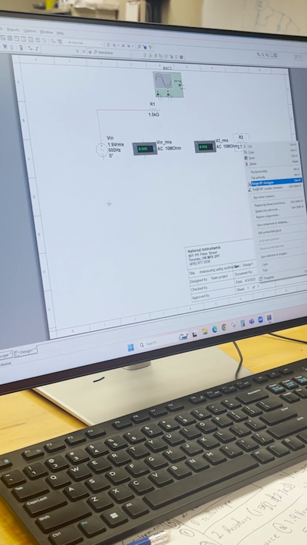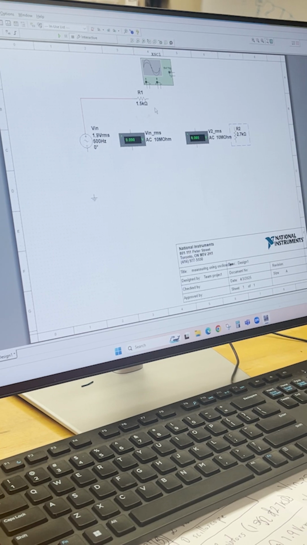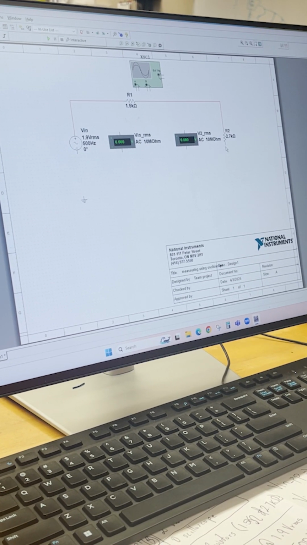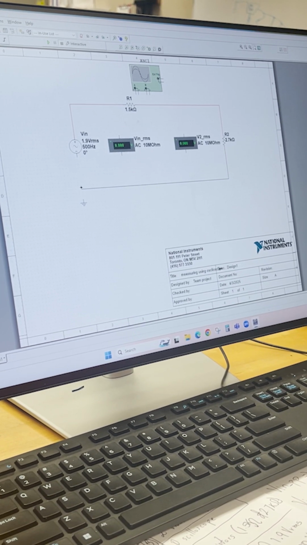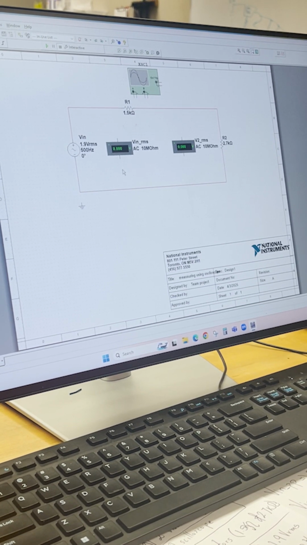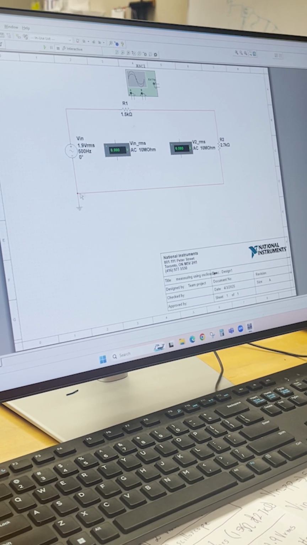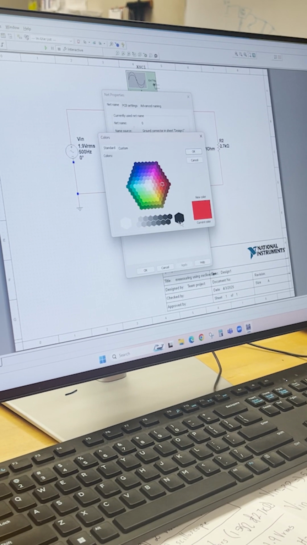I'm going to rotate my resistor 90 degrees. I'm going to make that connection. I'm going to change the color of my ground to black.